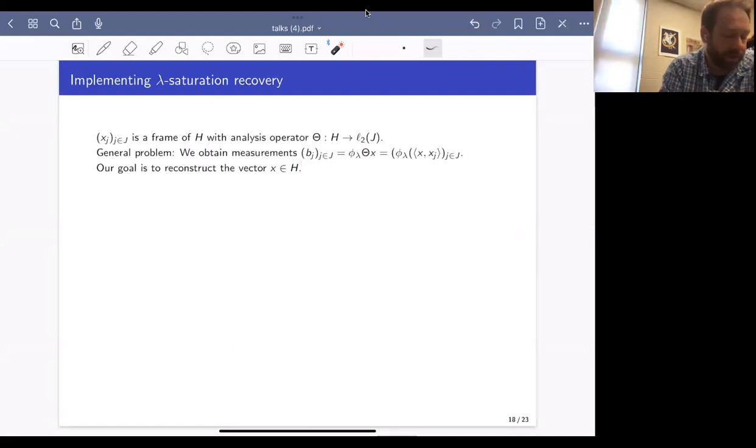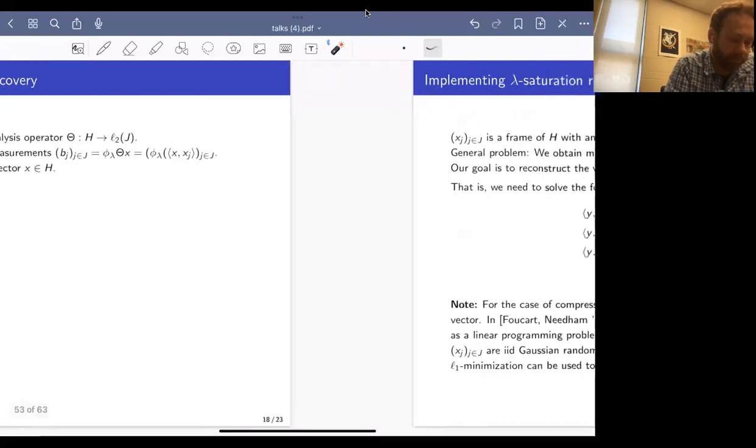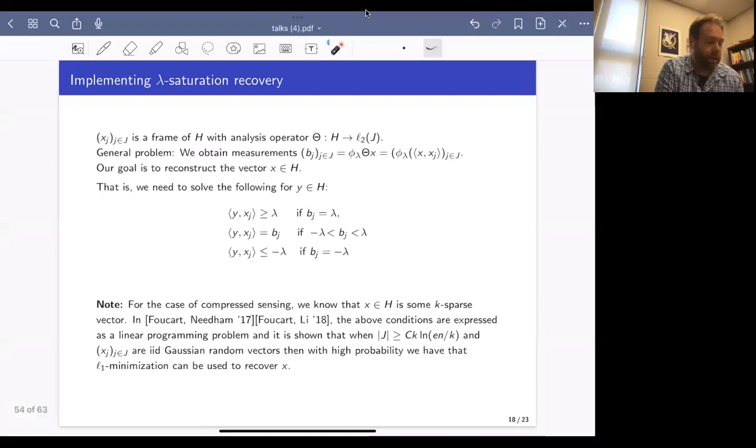And so I have some sensors that have a bounded effective range, and this is what I've measured. How do I recover this vector x? So I want to solve this problem then.